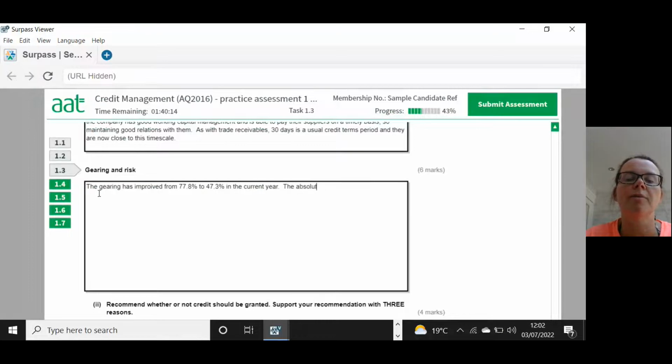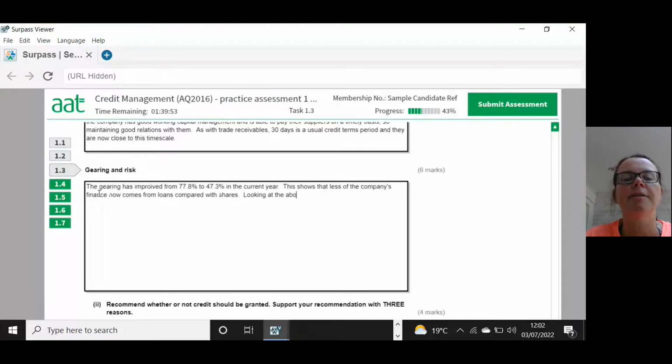Also mention what's happened with the borrowing. So this shows that less of the company's finance now comes from loans compared with shares.